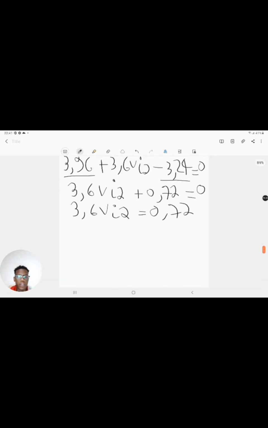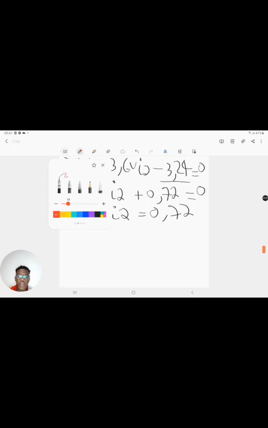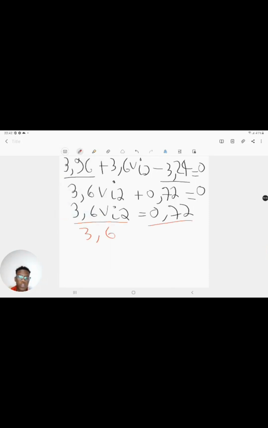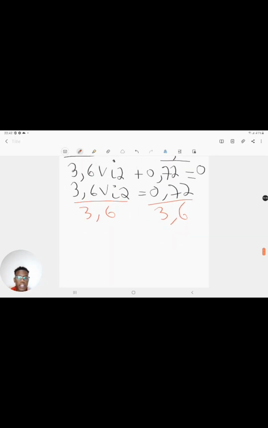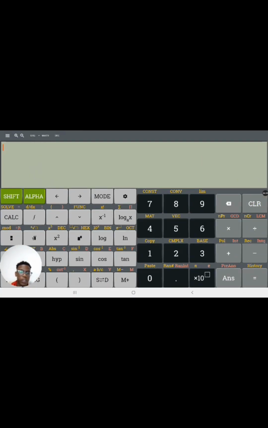Then we divide both sides by 3,6, and we get VI2, which is what we've been looking for. VI2 is equal to 0,72 divided by 3,6.